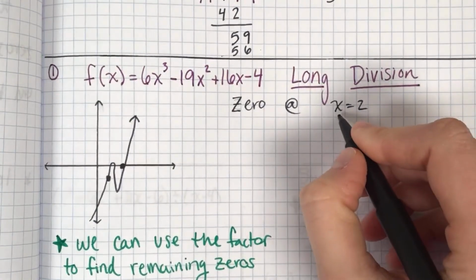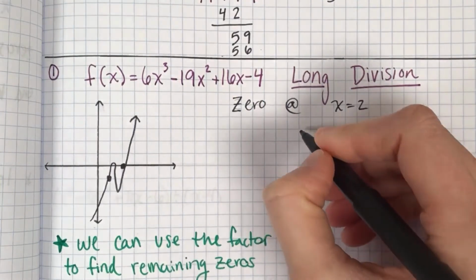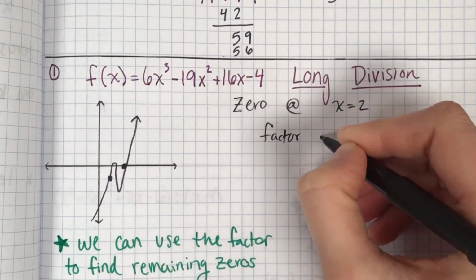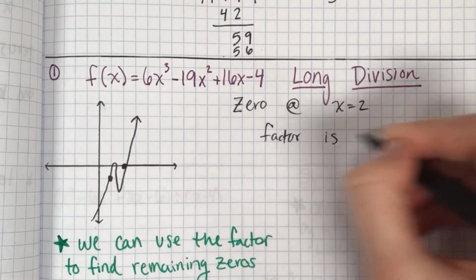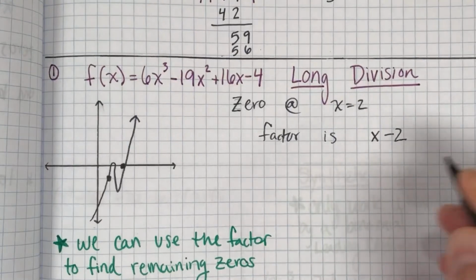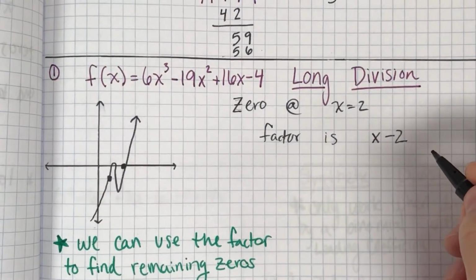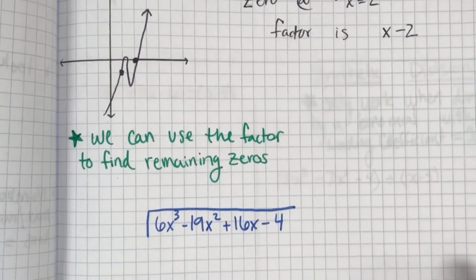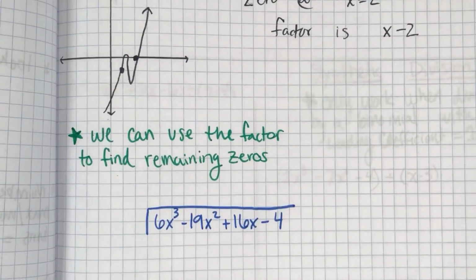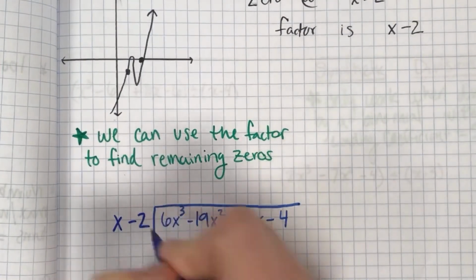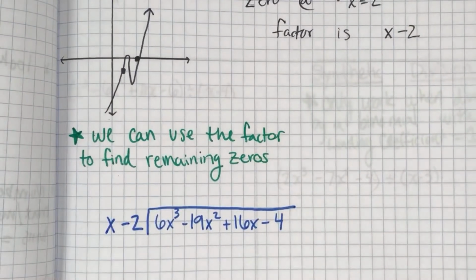If there's a 0 at x equals 2, I know that my factor for that 0 is x minus 2. So it's kind of like I'm working backwards. And then we can use that factor to find our remaining zeros. So we are going to divide the rest of our polynomial by x minus 2.